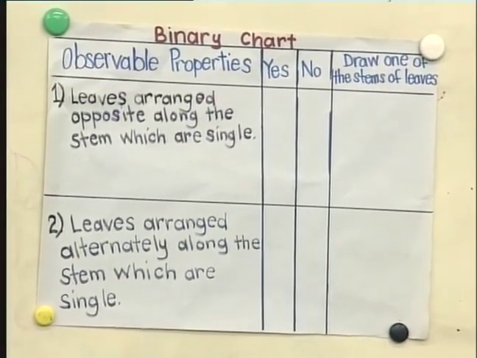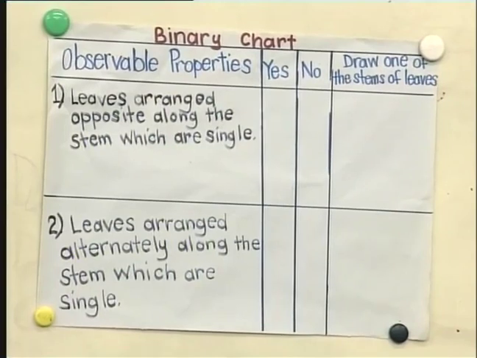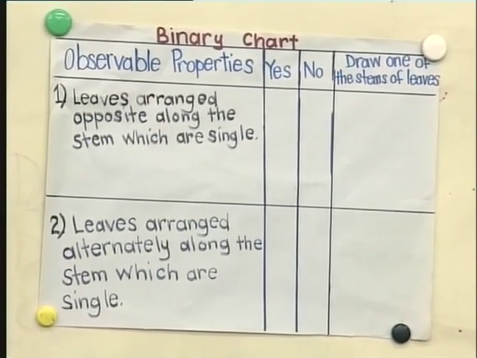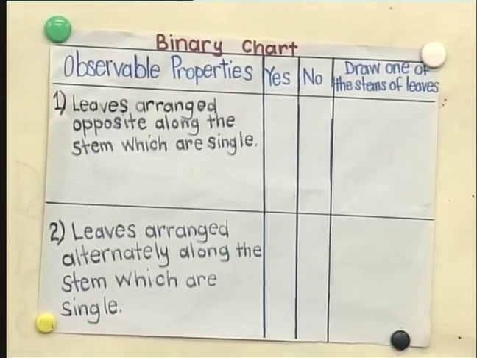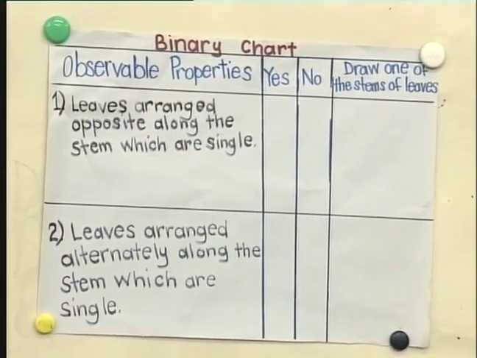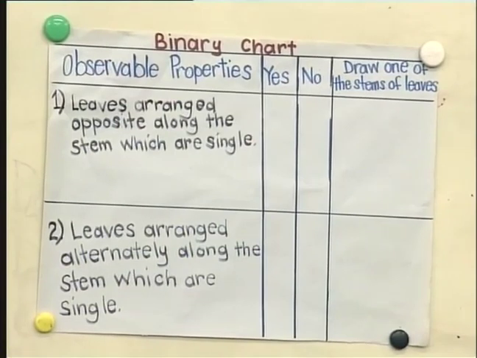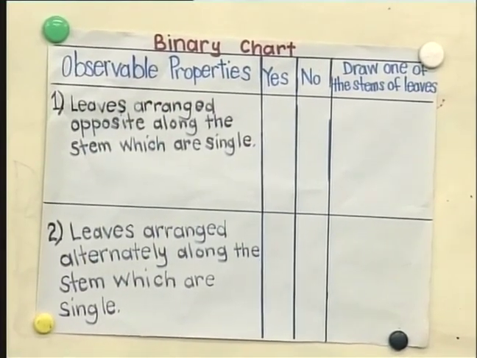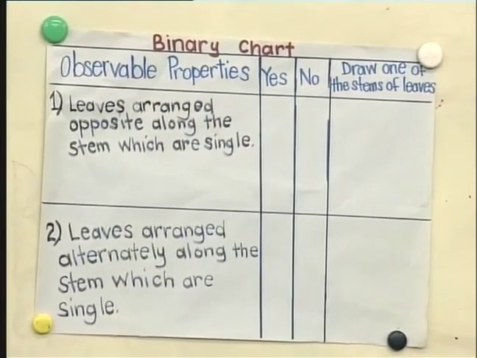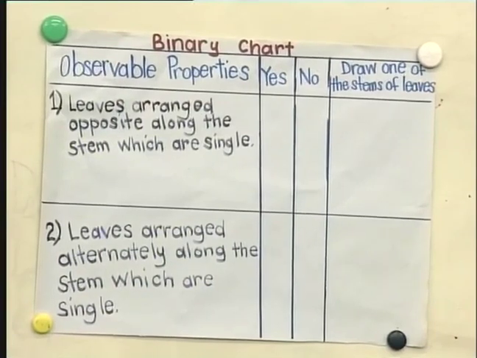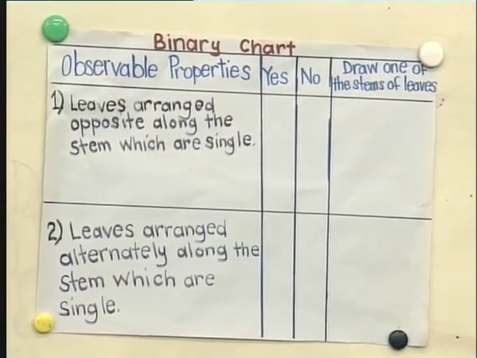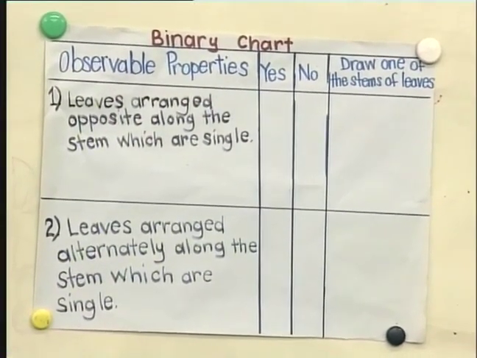Okay, let's see. Put your books away. If you can just get your tray. Okay, remove your tray and then you can put your leaves on the big one too. Put them all out and remove your tray.